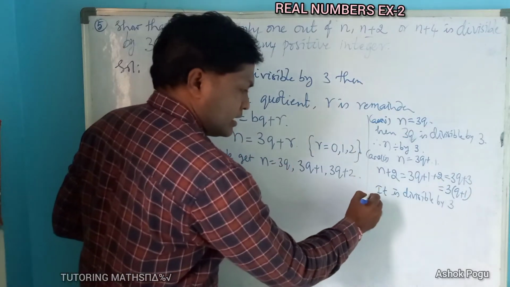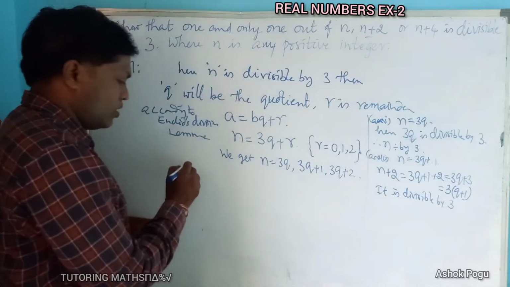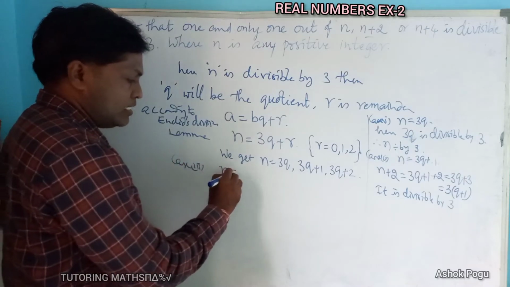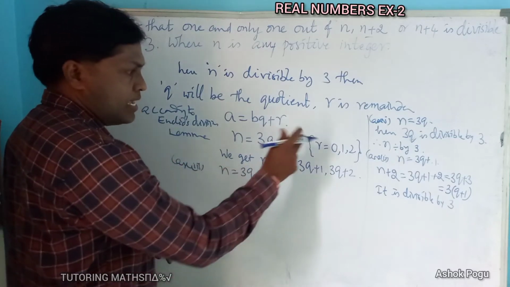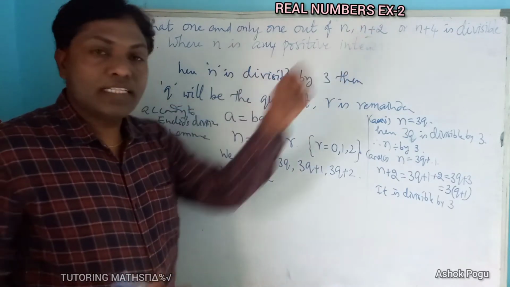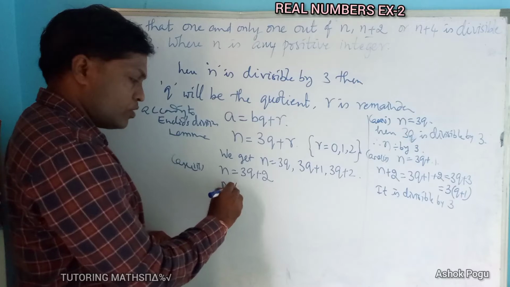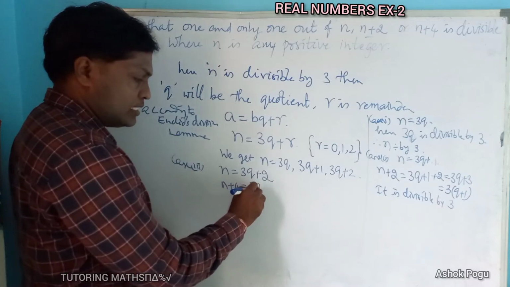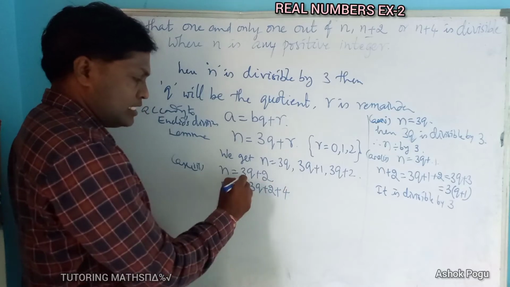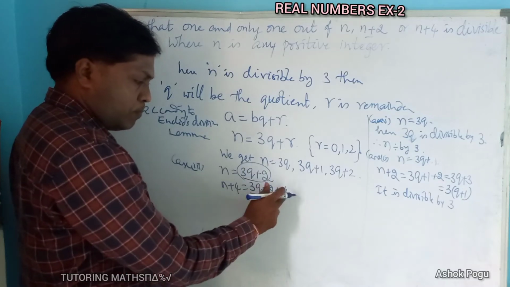And the third case, case number 3: n is equal to 3q plus 2. Now what is the last one? That is n plus 4. You take n plus 4, that is 3q plus 2 plus 4, because this is the n value plus 4.